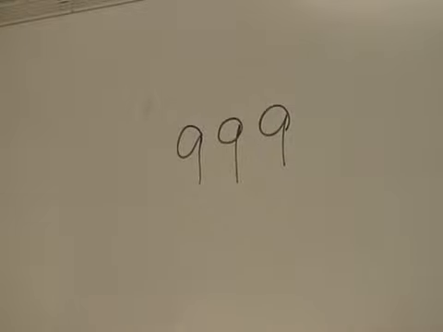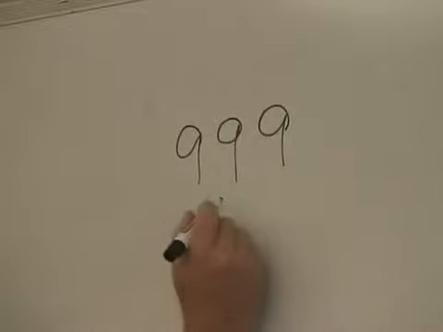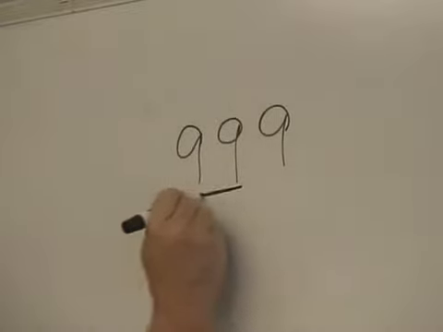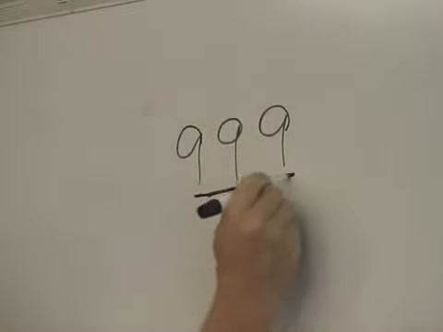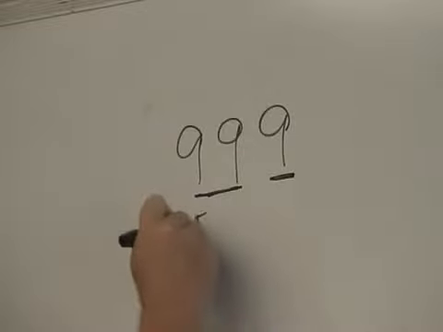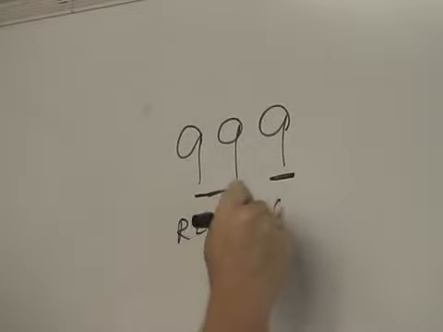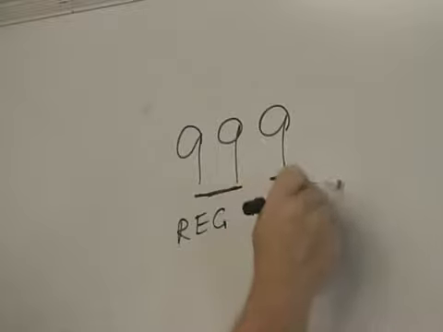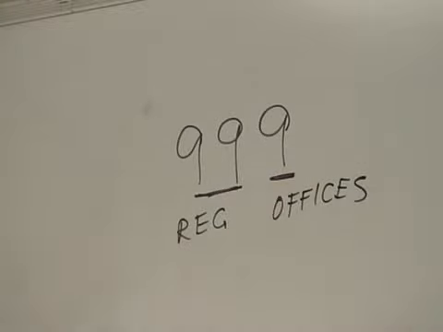What if I told you that this is the region number and this is the particular office number? Kind of like zip codes. This is normal decimal math, forget about binary for a few minutes. This is regions and this is offices in those regions. How many offices can I have in each region and have a unique number for it?